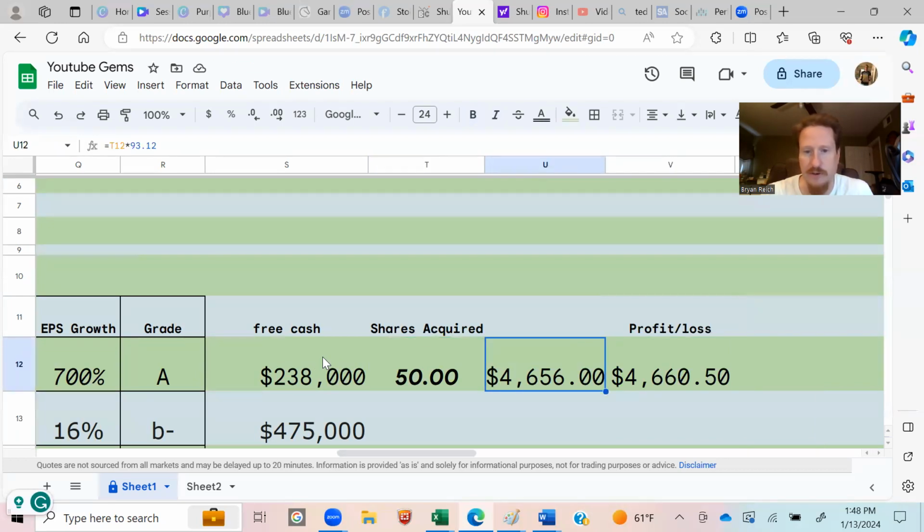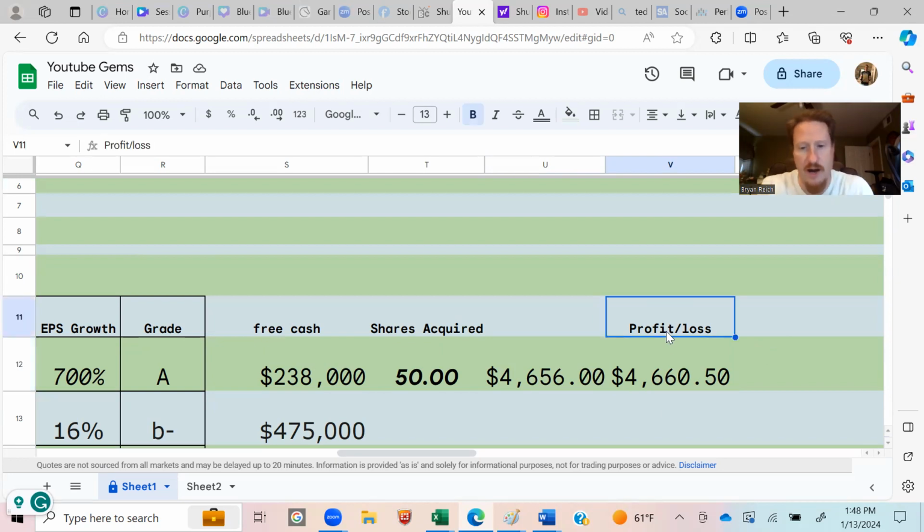I put 93.12 versus 20, but good. Then we already made a little profit. But anyways, if it goes up a little bit, to 20 cents, then we made some money, profit loss. So that's what I should do here.